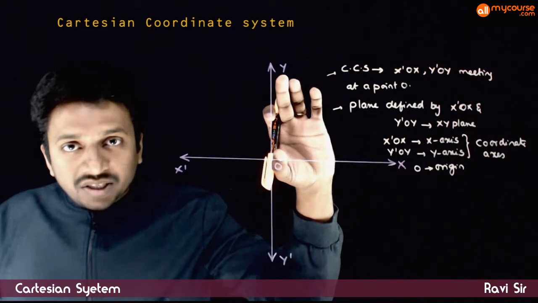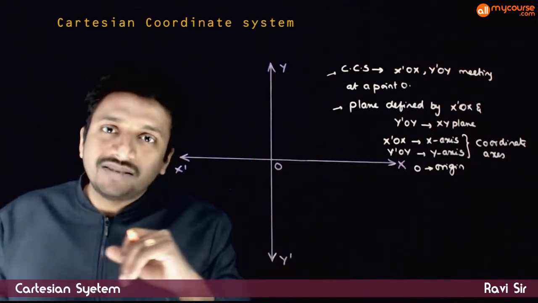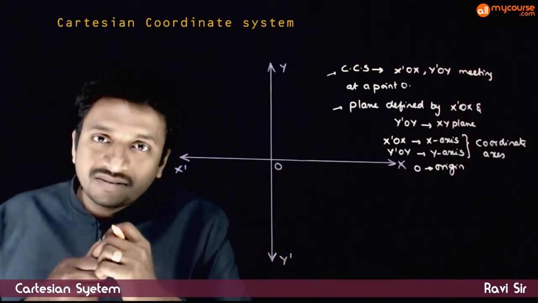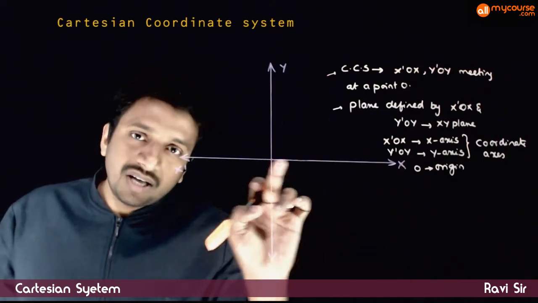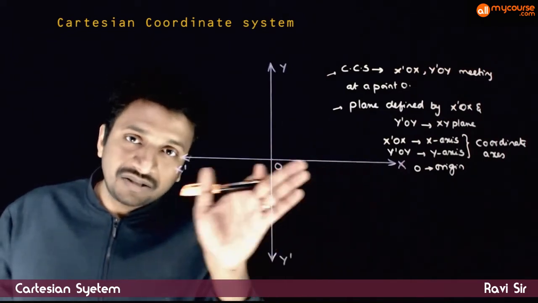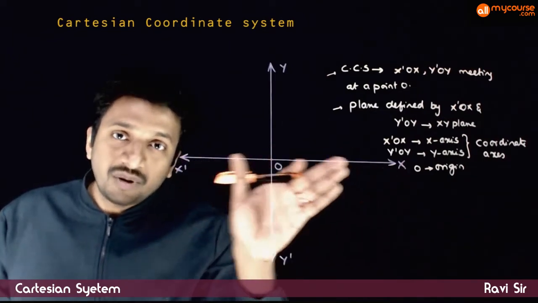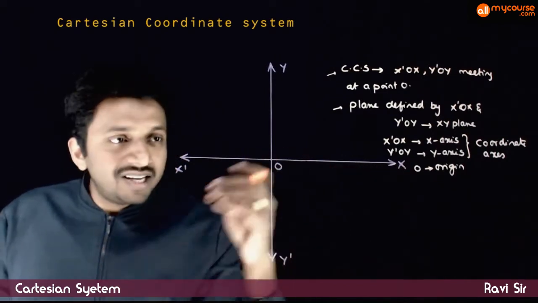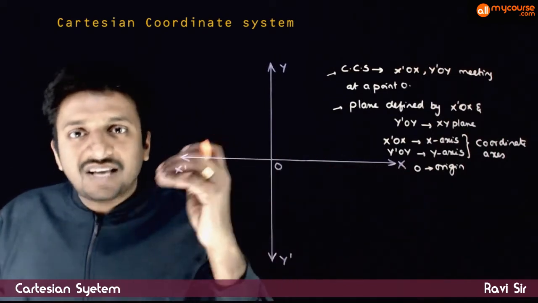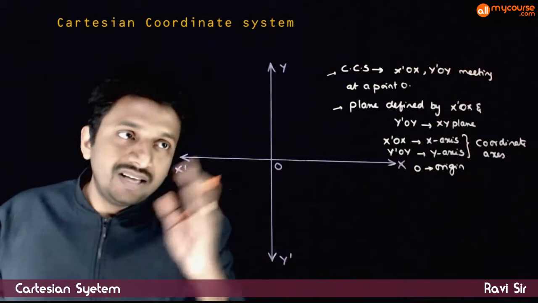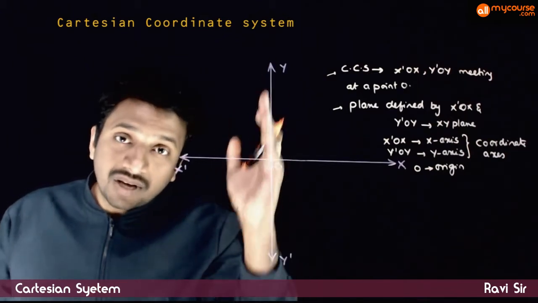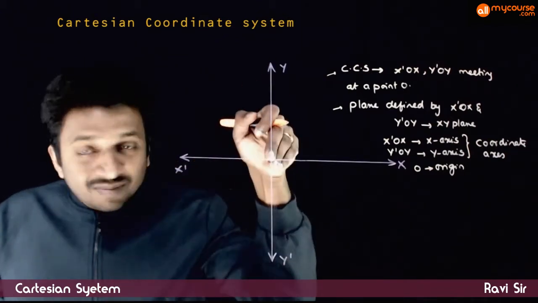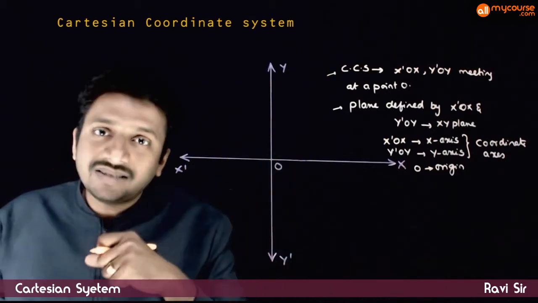OY is the positive y-axis, and OY dash is the negative y-axis. The distances measured along the positive x-axis are positive, along the negative x-axis are negative, along the positive y-axis are positive, and along the negative y-axis are considered negative.